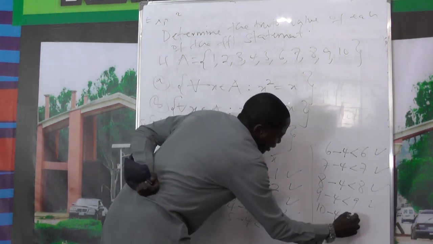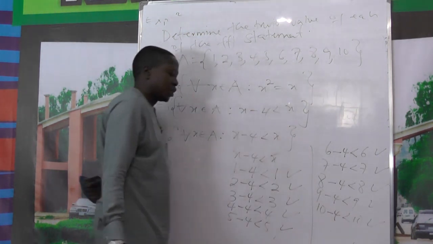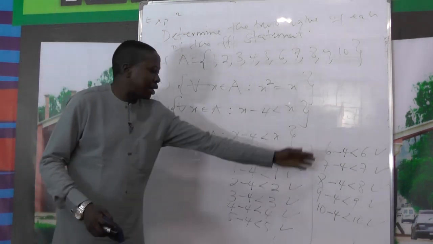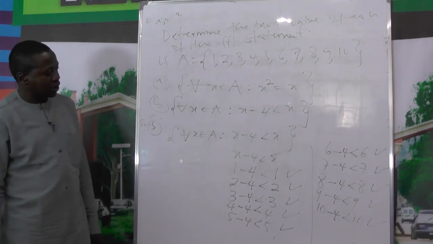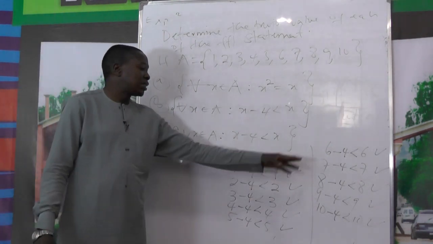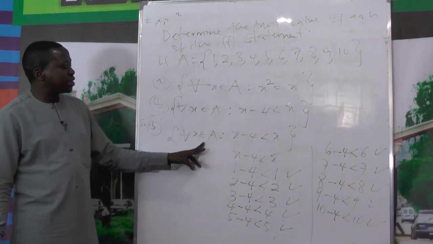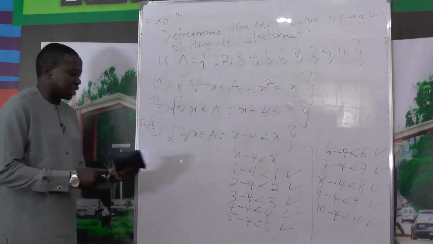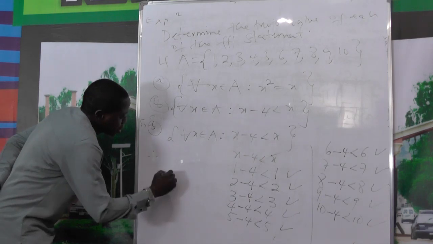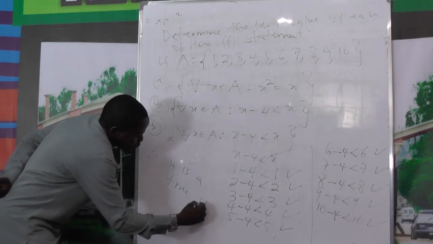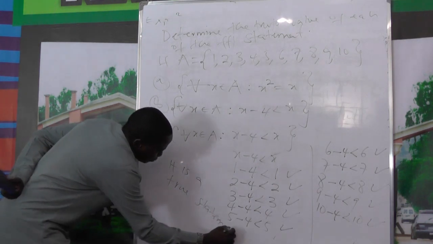Is 6 less than 10? Yes. You can see now, every number is satisfied. Since all the numbers are satisfied, we conclude this statement is a true statement. So now, our conclusion: it is a true statement.